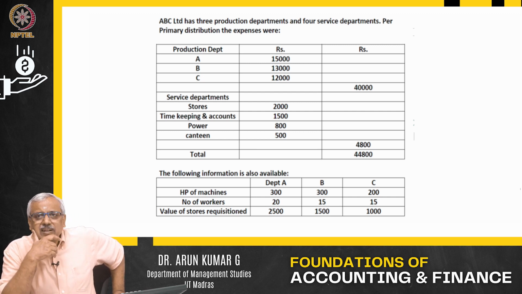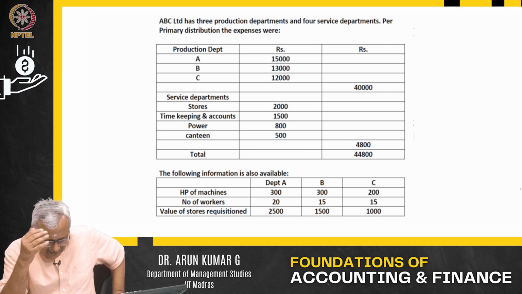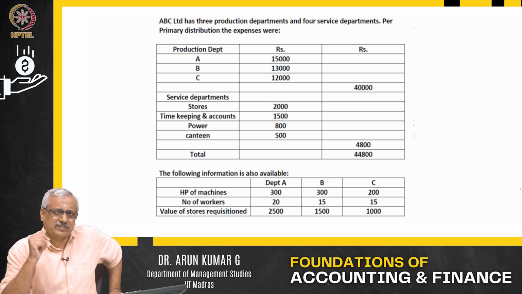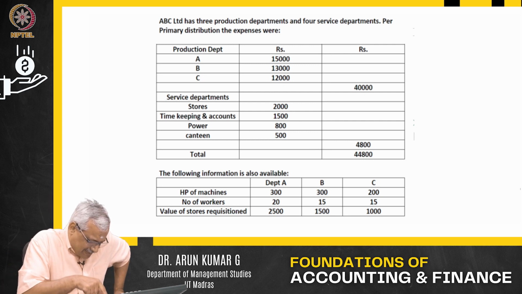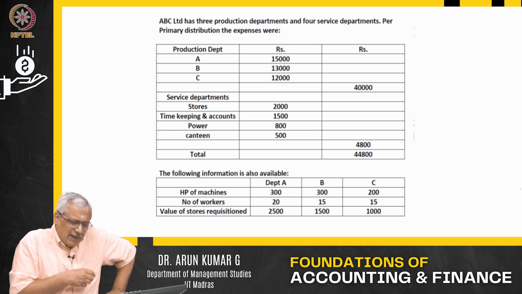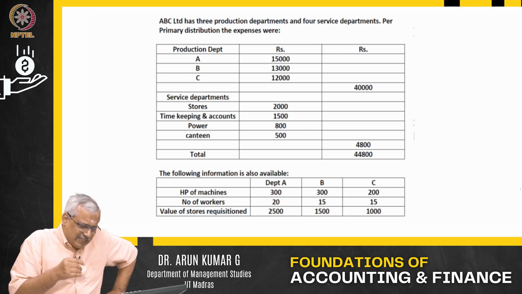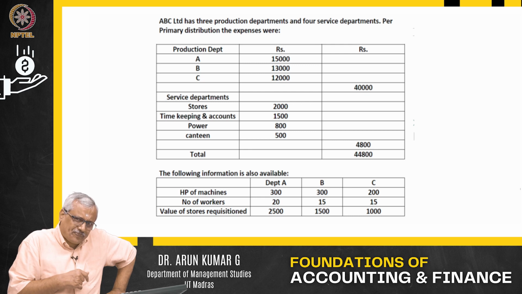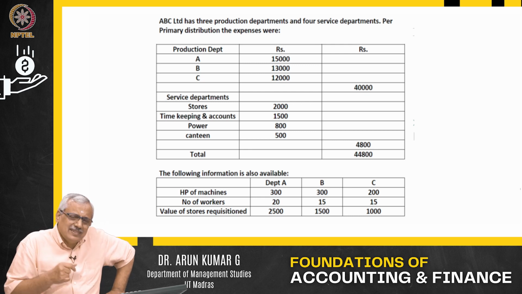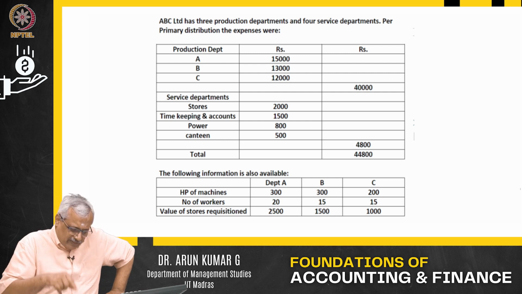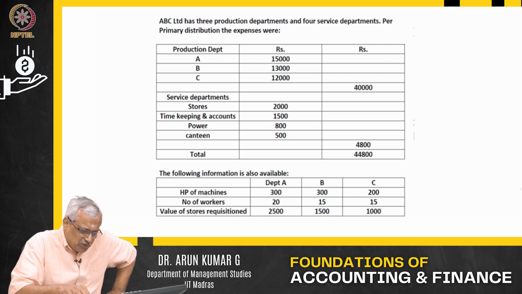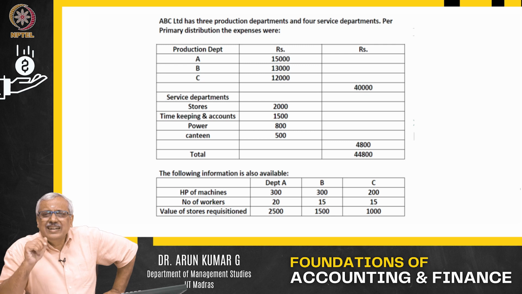Now historically, in the conventional system, traditionally, the costs were allocated on the bases given here. One of the bases is HP of the machine, horsepower of the machine, number of workers, and the value of stores requisitioned. One of these bases is used for allocating this cost. Historically, this is what is being used.